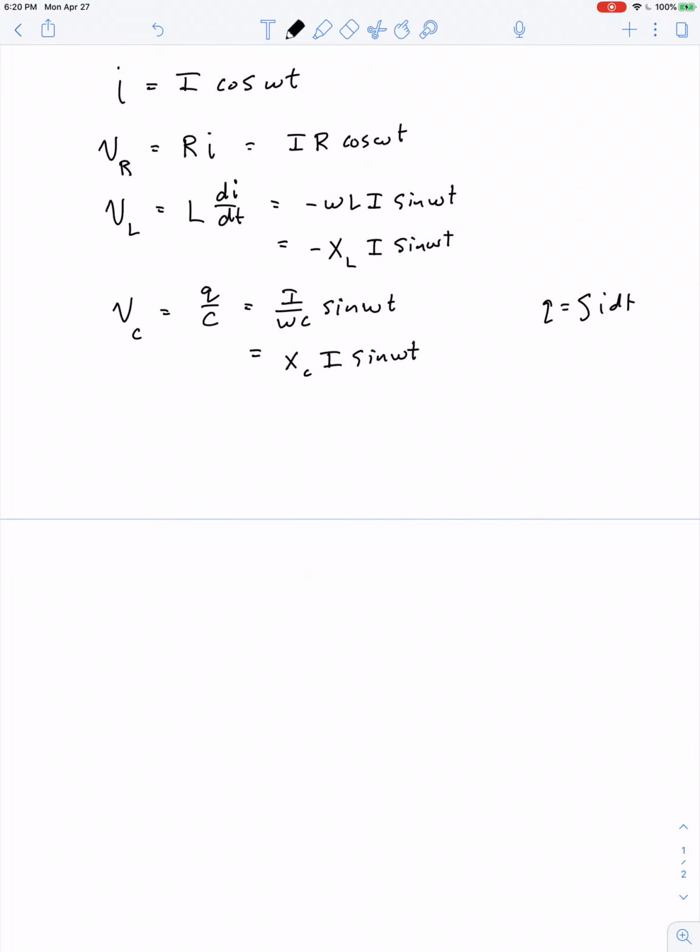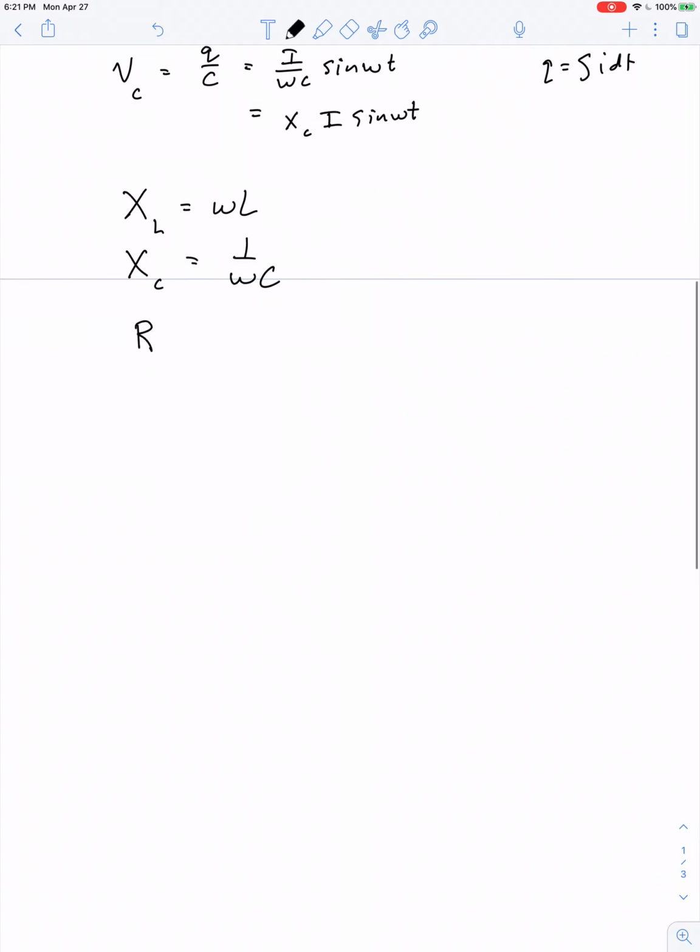So we have some values of resistance that we refer to as reactance. The inductive reactance is equal to omega L. The capacitive reactance is 1 over omega C, and of course the resistance of the resistor is just R.